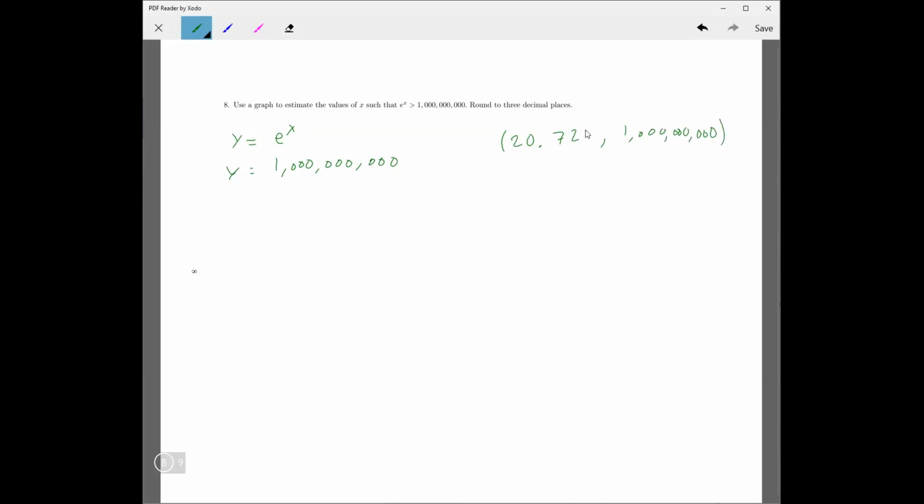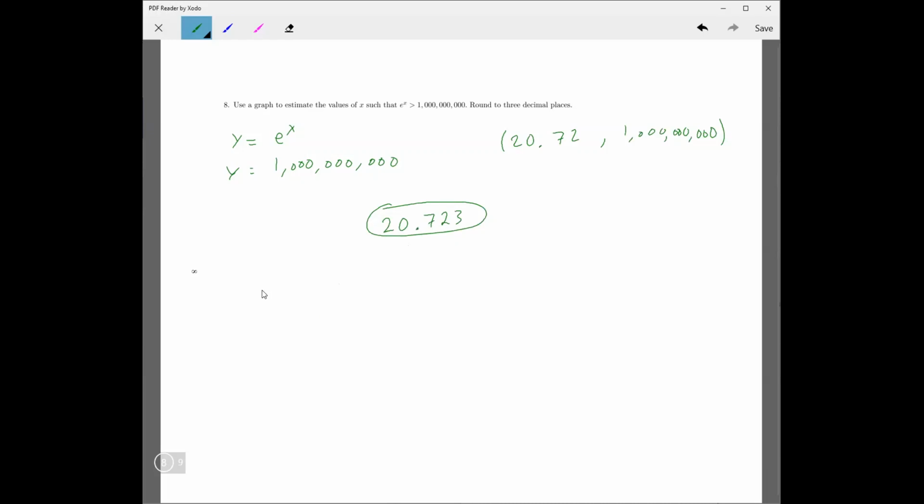But then it's requiring 3 decimal places, so I just started guessing at the decimal places, and I finally guessed it. It's 2.723.